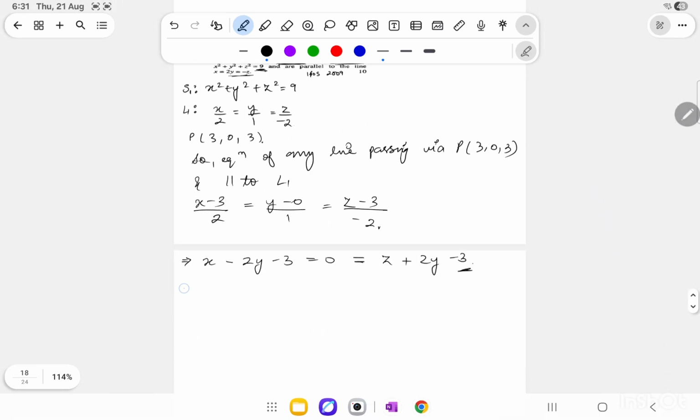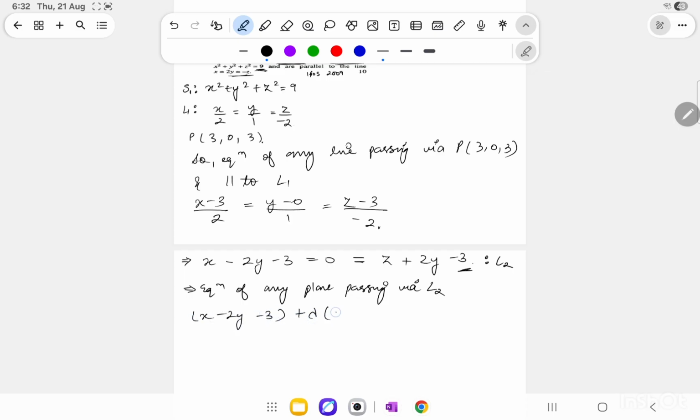Let's name this line L2. So the equation of any plane passing through L2 would be x minus 2y minus 3 plus lambda into (z plus 2y minus 3) equals 0.